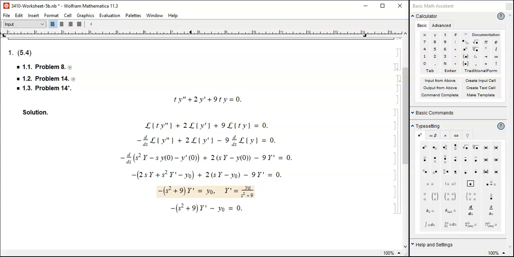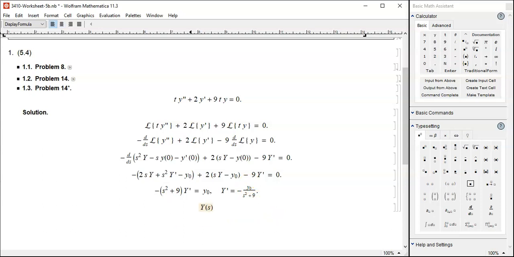We need this negative sign. Okay, that completes the Y prime computation, and if you find its antiderivative, then I'll be able to find out what Y is.